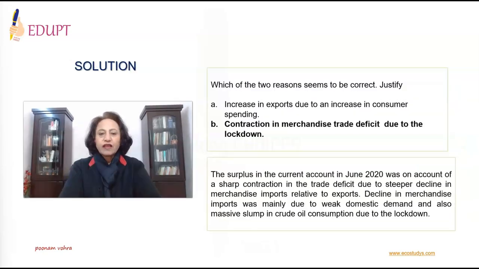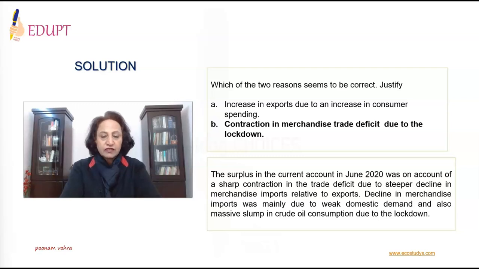Think it over. Out of the two options given, option B is correct, simply because during June 2020, it was a lockdown period. People had lost their jobs. There was decline in the purchasing power. So there was decline in demand for goods.